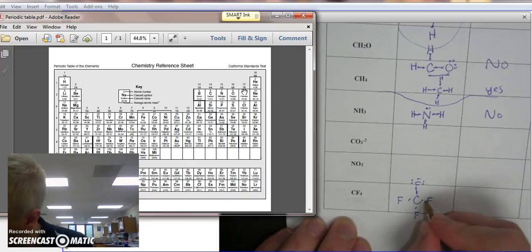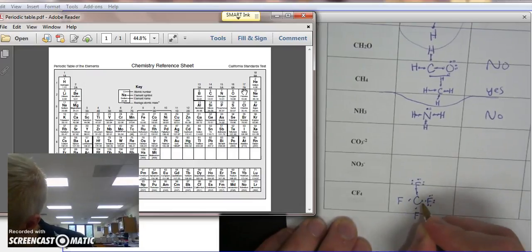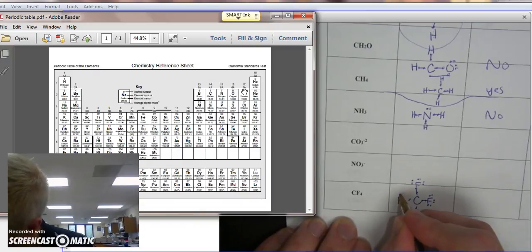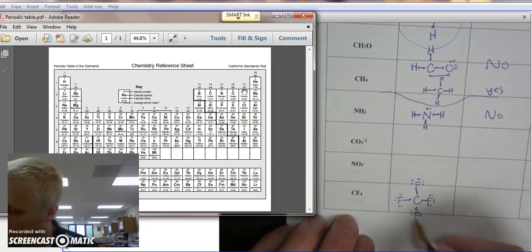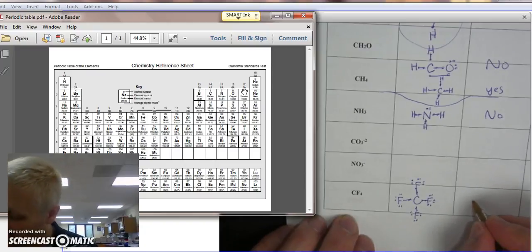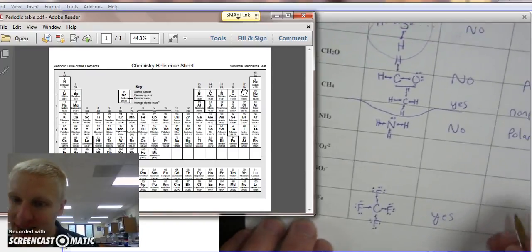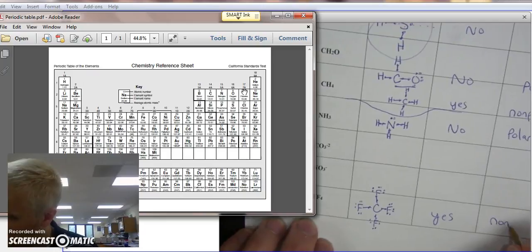It can bond nice there. 1, 2, 3, 4, 5, 6, 7. They're going to bond. And you cut it in half both ways. It is symmetrical. Yes. Therefore, it is non-polar.